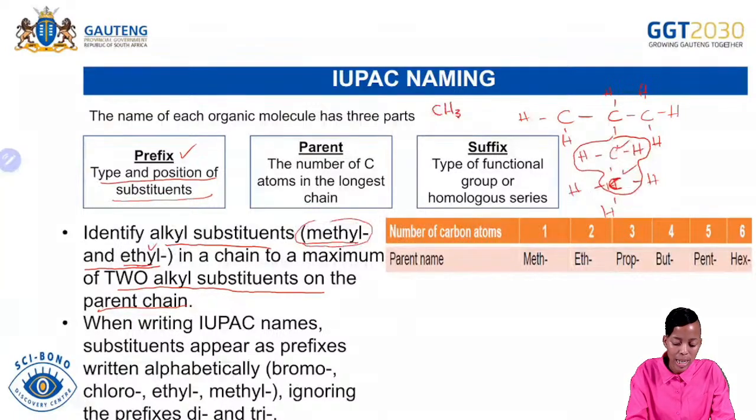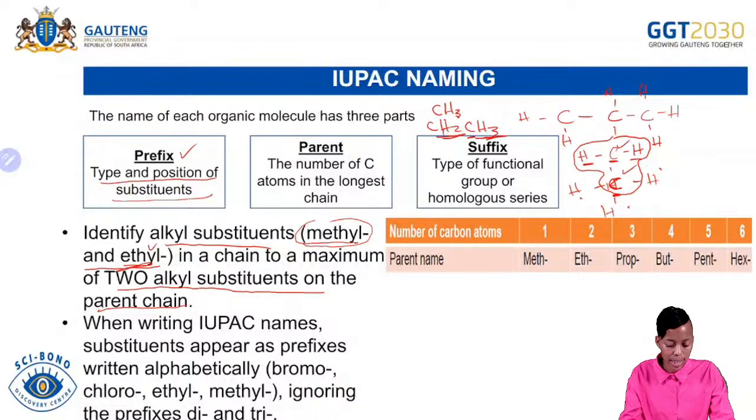And again, you need to identify an ethyl, which can be represented also by CH2 and then CH3. CH2 from this carbon, the two hydrogens, which is the CH2 part, and this carbon and three hydrogens, which is the CH3 part.